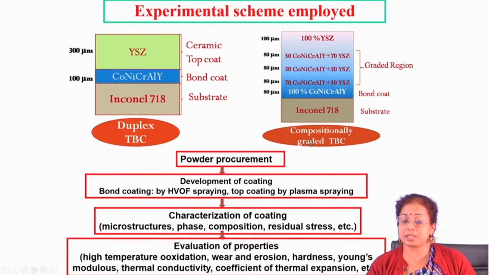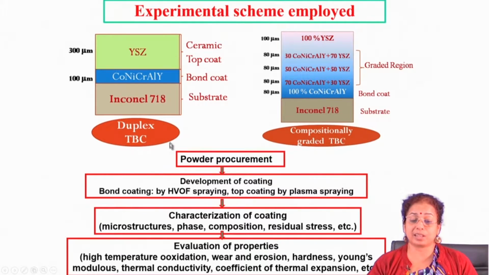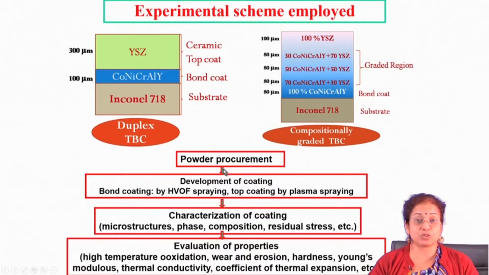What we did is that we developed both kinds of coating in order to show the effect of the compositional gradation on the microstructure, composition and properties. The steps usually followed for this kind of experiment are that you have to procure powder, then develop the coating, characterize the coating, then evaluate properties in terms of high temperature oxidation, wear, erosion, hardness, Young's modulus, thermal conductivity, and coefficient of thermal expansion.